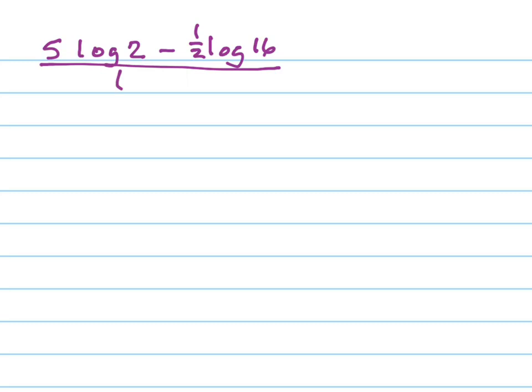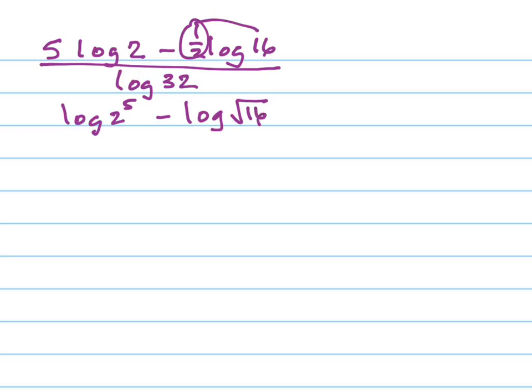Let's look at another one. If they have 5 log of 2 minus 1/2 log of 16, all over the log of 32. What we need to do is see if we can simplify some of these. That becomes log of 2 to the 5th, minus this 1/2 becomes the exponent on the 16, the log of the square root of 16, over the log of 32.